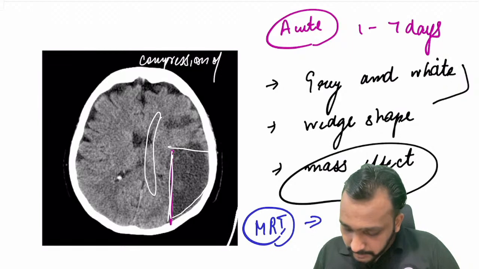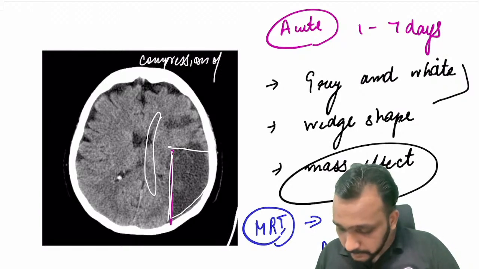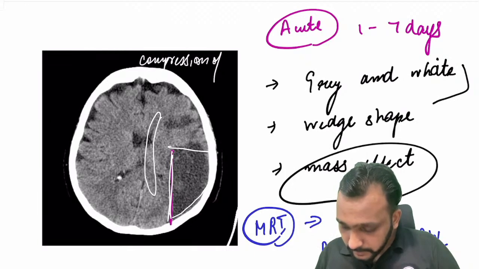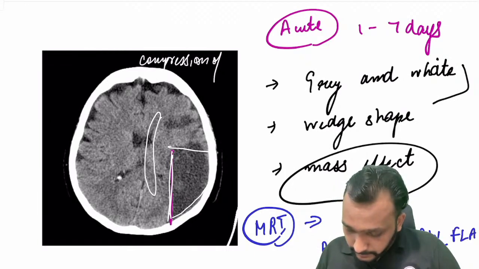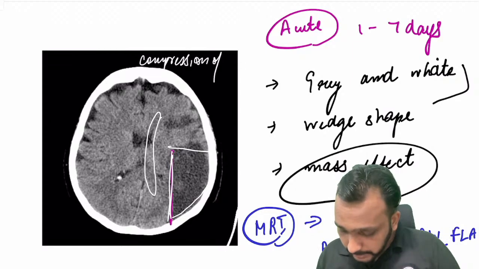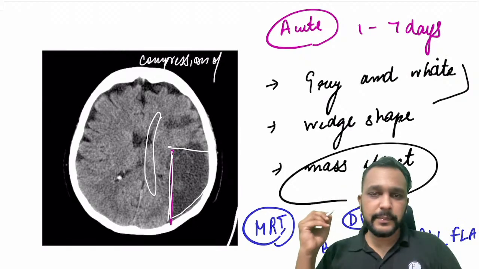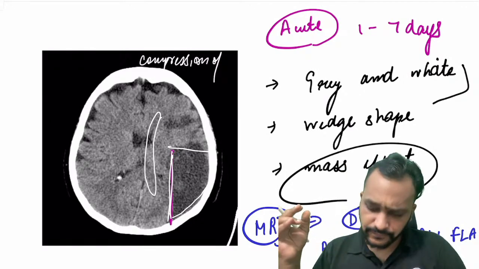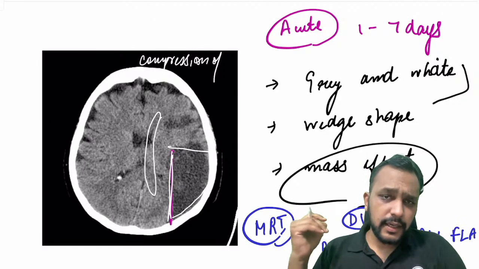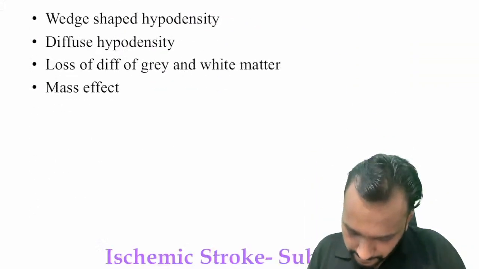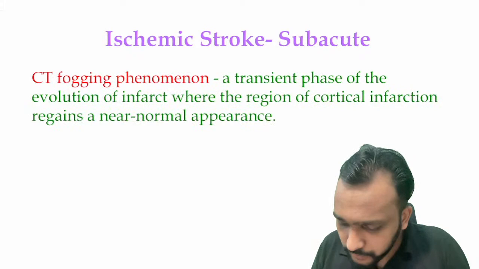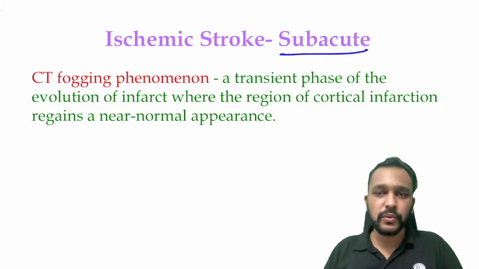It is going to appear bright on T2 weighted images, FLAIR images, and dark on T1 weighted images. So these will be the important features of acute ischemic stroke. Now let us move on to the subacute ischemic stroke.